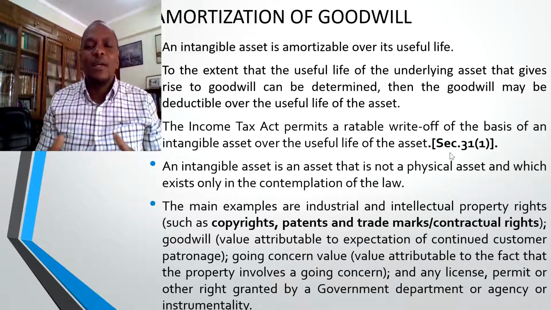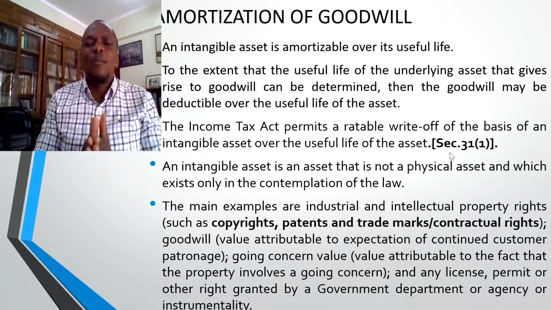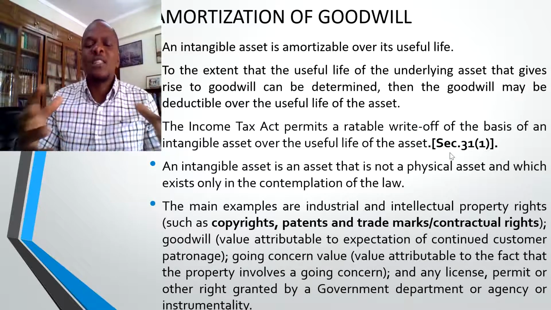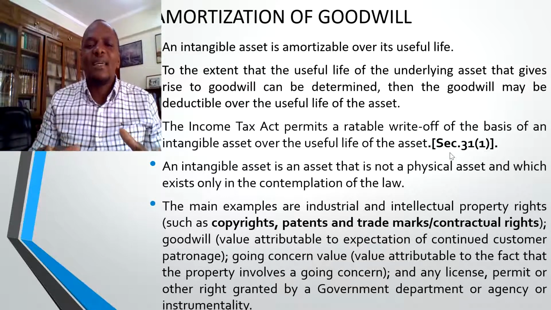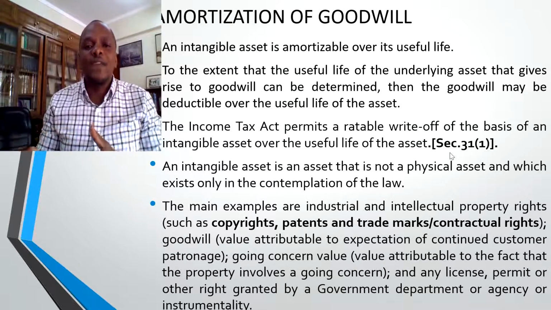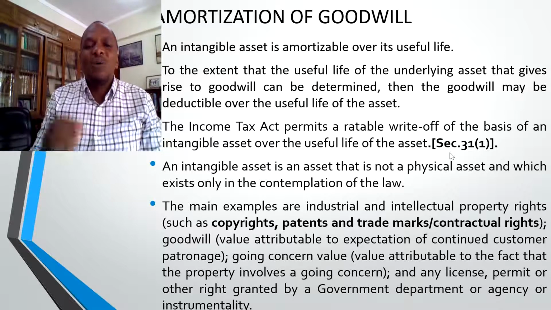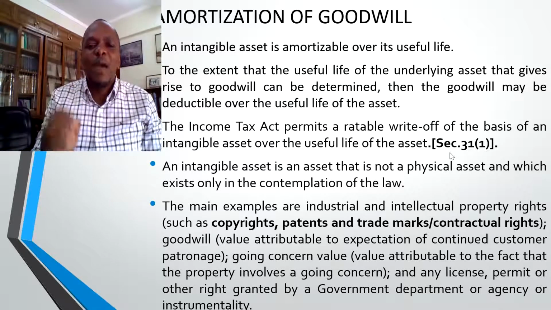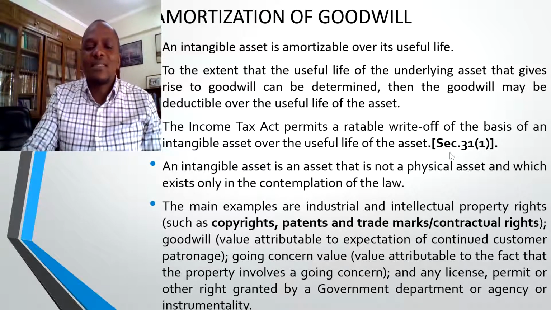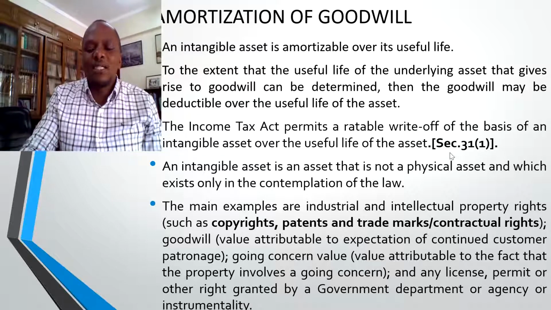Say I'm into production, and there is someone who has a trademark and I want to benefit from that trademark. Then we enter into an understanding whereby I utilize this trademark on my goods, and I pay a certain royalty or fee to the owner of the trademark. How is that payment treated for tax purposes? So that's the purpose of Section 31.